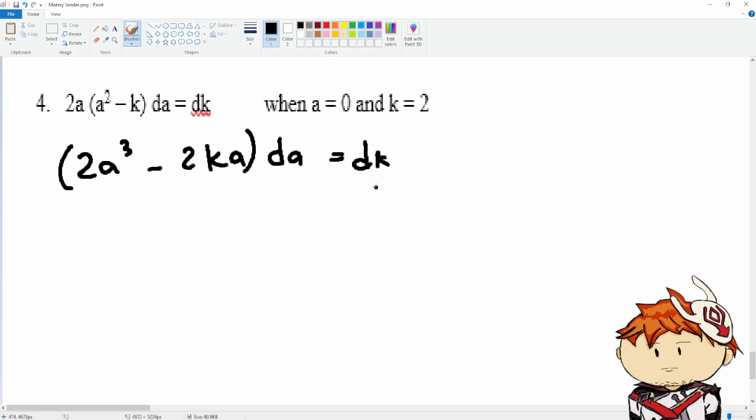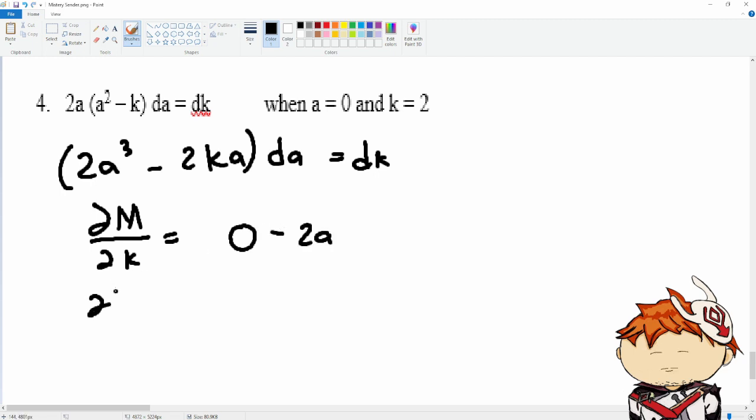They're not separable. It's not homogeneous. And if we test for exact, 0 minus 2a is not zero, so it's not exact.